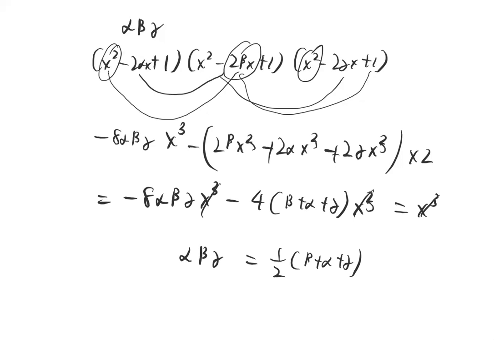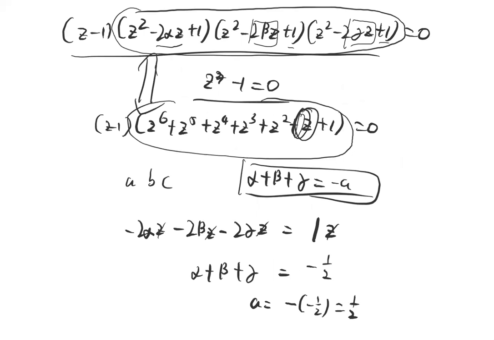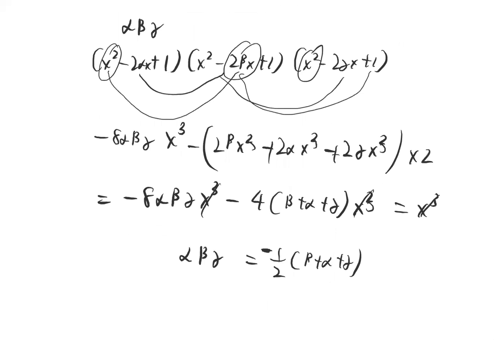Sorry, this is negative. And if we look back, alpha, beta, gamma is basically here, is negative of half. And if we go back here, this is negative of half times negative of half. Sorry, I made a mistake.